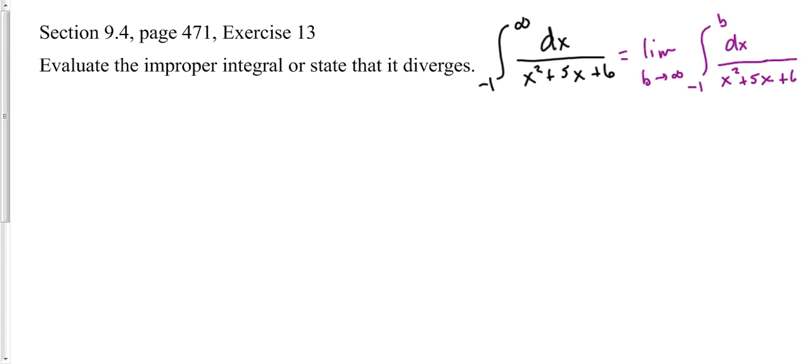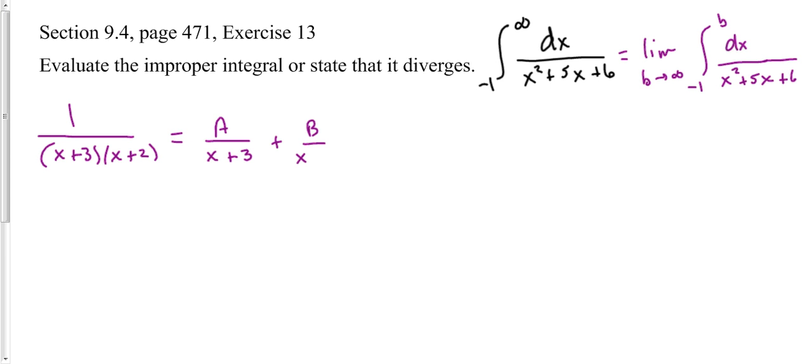And when I look at this, I think of partial fraction decomposition. So I need to factor the denominator, and that's going to be x plus 3 times x plus 2. And of course, I break that into two fractions. So I'm going to have A over x plus 3 plus B over x plus 2.